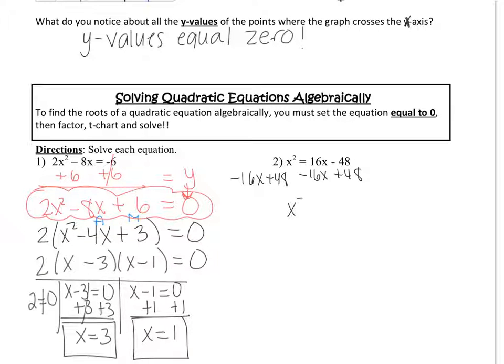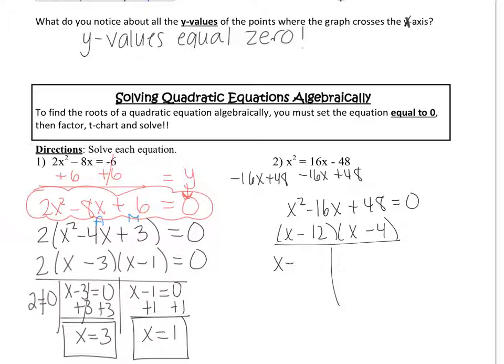And you should have gotten x squared minus 16x plus 48 equals 0. And when you factored it, you should have gotten x minus 12 and x minus 4. And then your t-chart is x equals positive 12 and x equals positive 4. These here are your roots. Okay, let's move on to the back.